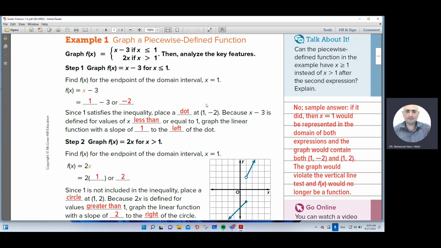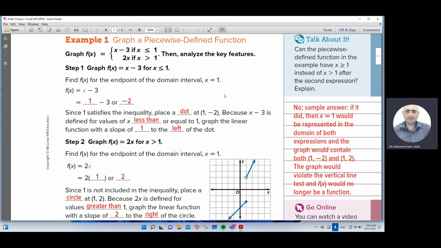Negative what? We use the slope to determine the direction.